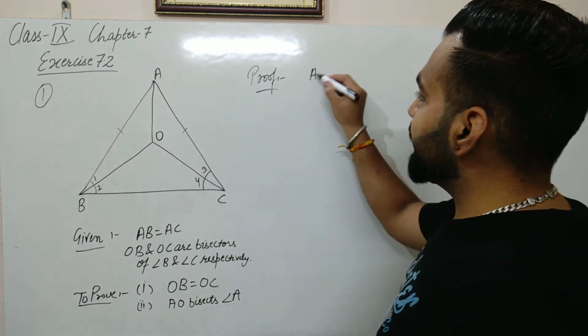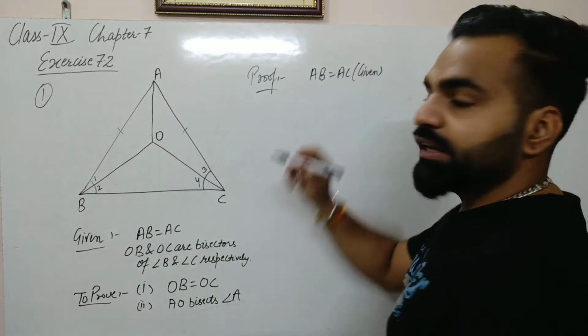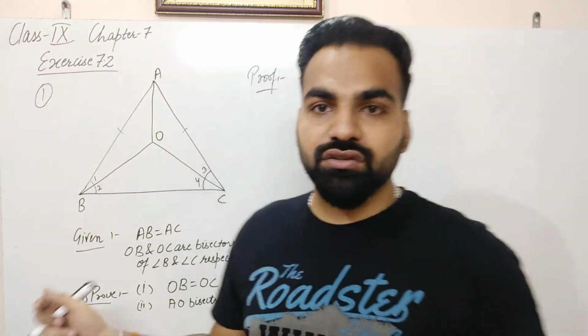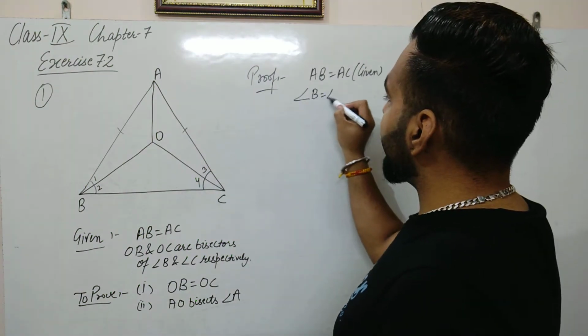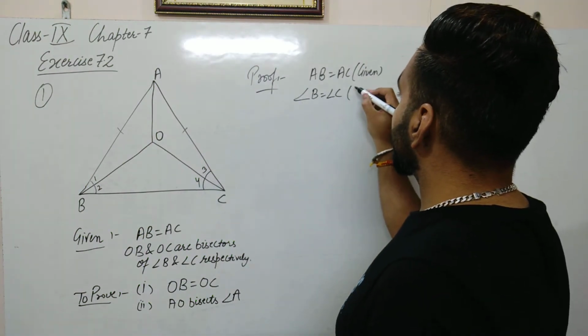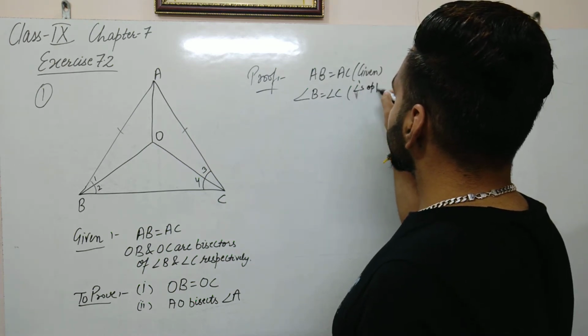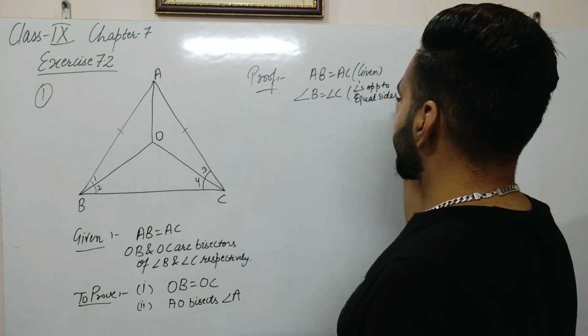First of all, AB is equal to AC, given. So we have just studied that if the sides are equal, then the angles opposite to these sides are also equal. So angle B will be equal to angle C. Reason: angles opposite to equal sides.